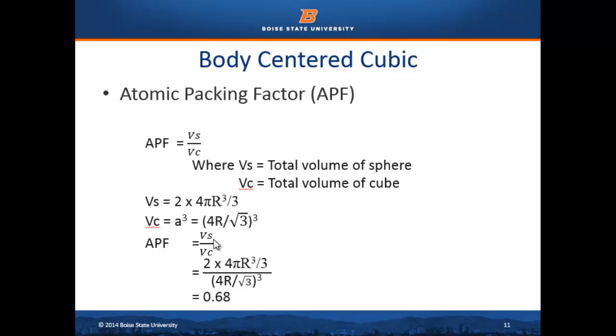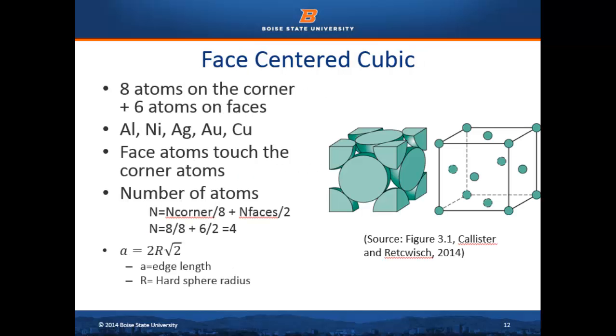We have Vs equal 2 multiplied by 4 pi r cube over 3, Vc equal a cube equal (4r over square root of 3) to the power of 3. APF equal Vs over Vc equal 0.68. So atomic packing factor is 0.68 for BCC unit cell.